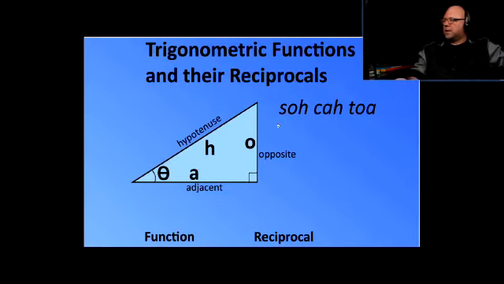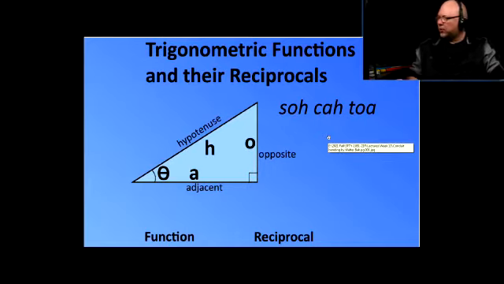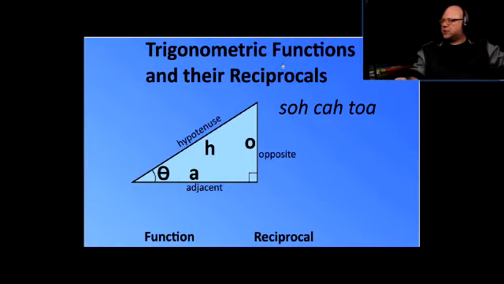All right, so we have the functions and the reciprocals here. Now, remember this SOHCAHTOA thing here? That's not some sort of exotic princess name. It is an acronym: sine, cosine, and tangent.